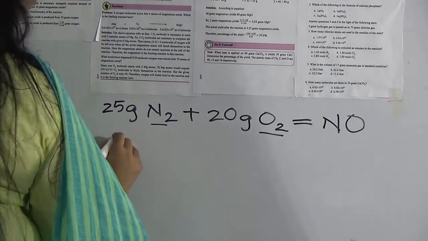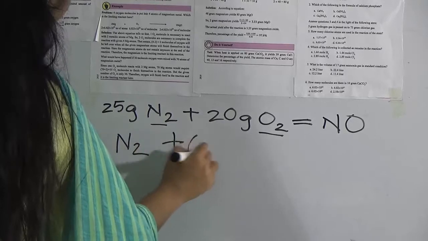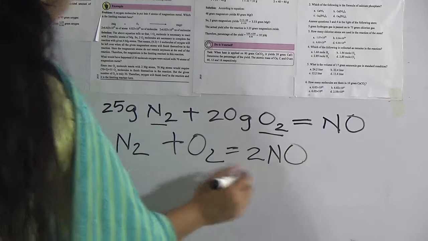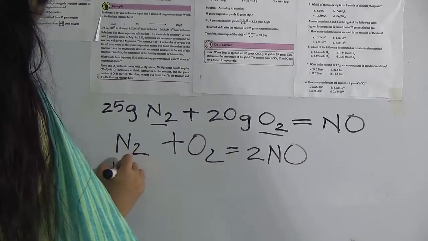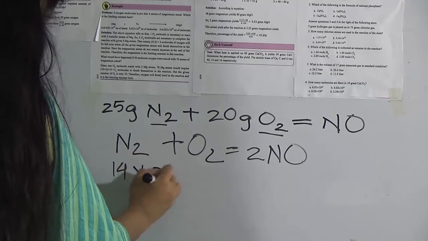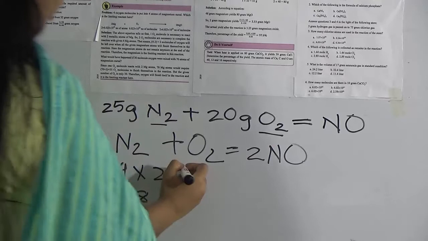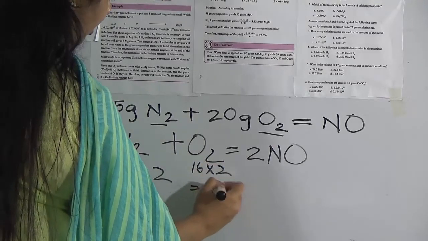First we write nitrogen plus oxygen produce 2 nitrous oxide, and here we know nitrogen's atomic mass is 14 into 2, that means 28, and oxygen's atomic mass is 16 into 2, equal to 32.